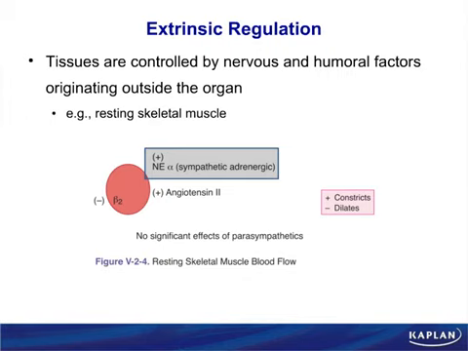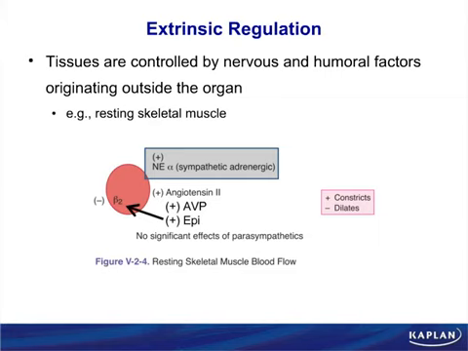Much of what we discussed in cardiovascular regulation was the idea of norepinephrine being a big player in a variety of vascular beds. This is extrinsic regulation. And of course we have angiotensin II, which can vasoconstrict. We also mentioned arginine vasopressin, which can vasoconstrict, and epi can vasoconstrict on the alpha receptor.